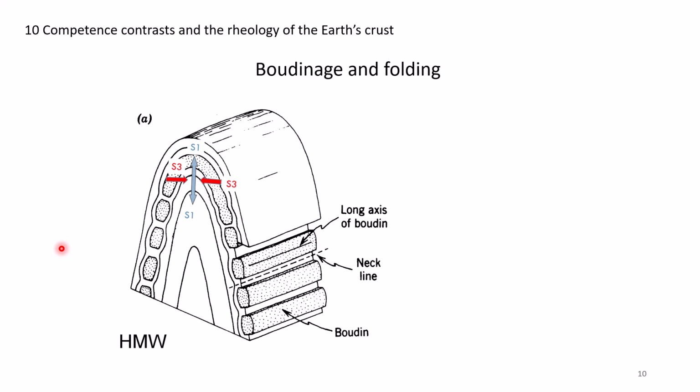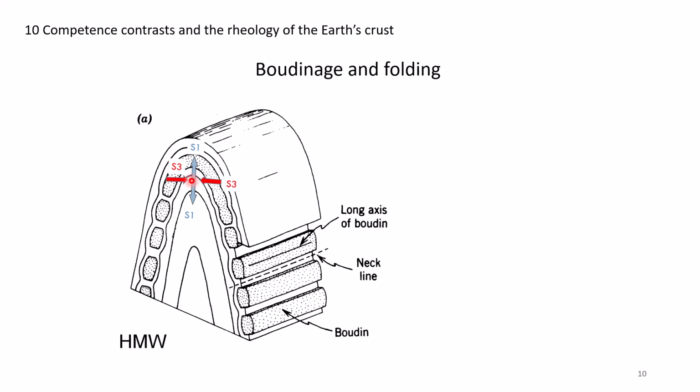If we assume that this fold has formed by lateral shortening, that would mean S3, the direction of maximum shortening strain, would be roughly horizontal, forming this buckle fold. That would imply that the maximum stretching direction is vertical. And that would mean that the layers in the hinges of the folds are more or less parallel to the shortening direction.